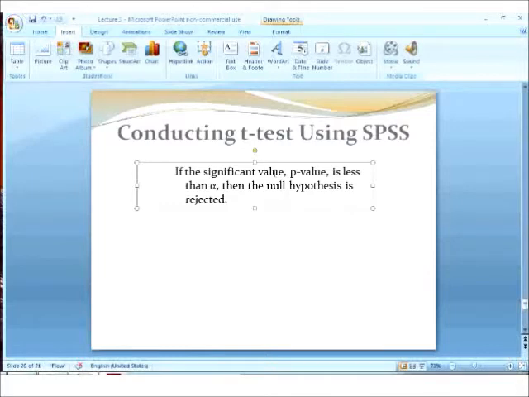whenever you conduct a t-test, the software gives you a value of the t-statistic, and it also gives you a p-value or a significant value. That p-value is the probability.